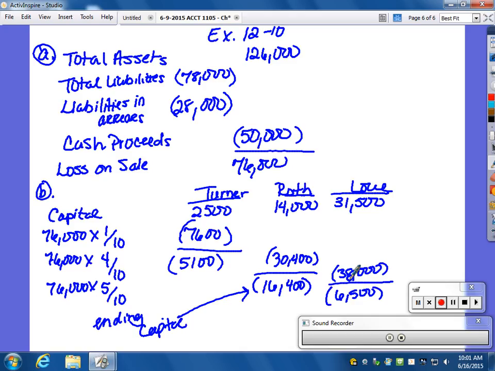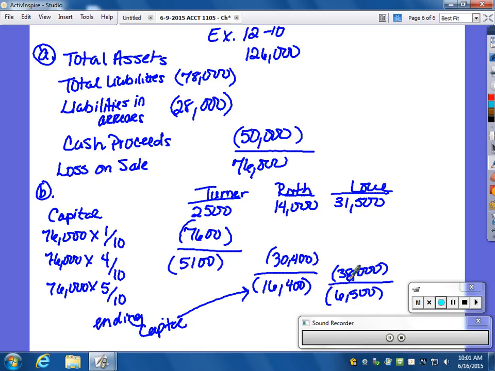Okay, so all they want to know is how much of that remaining 28,000 that we couldn't pay should be paid by each partner. Round amounts to the nearest dollar. Now, with that being said, what changes about what we did before?